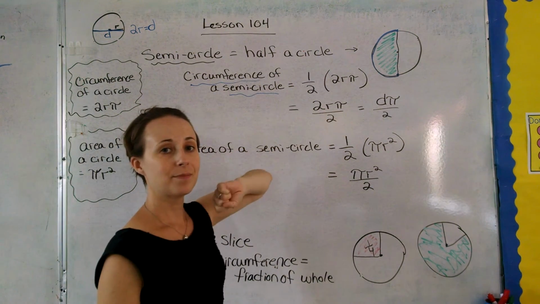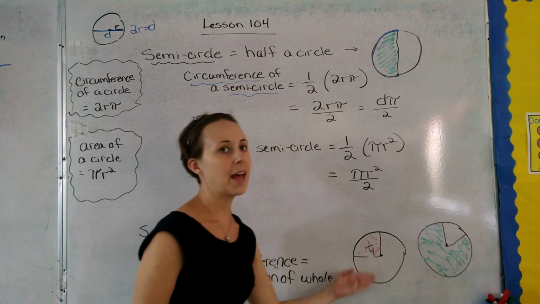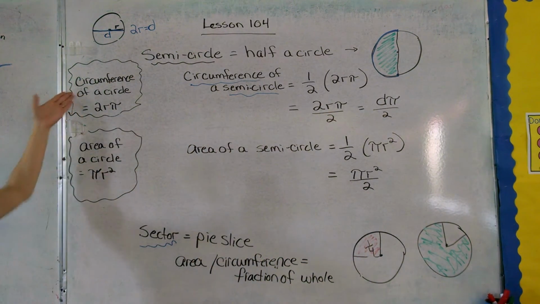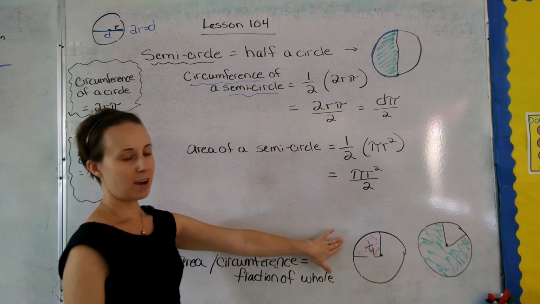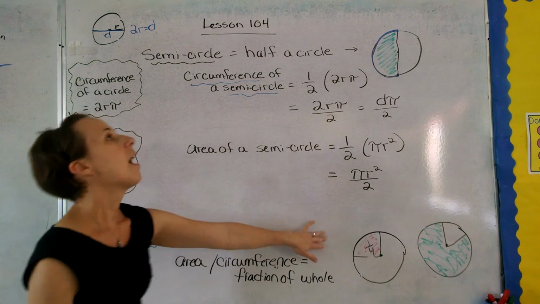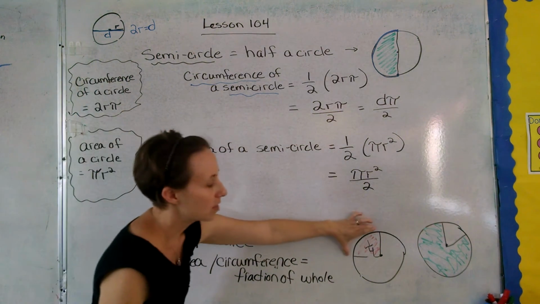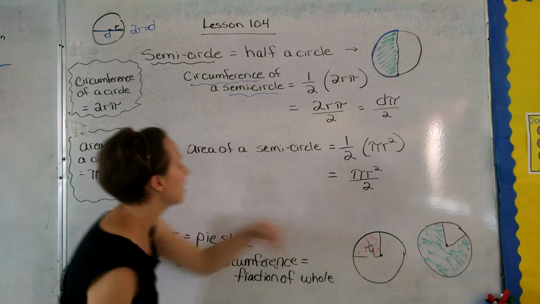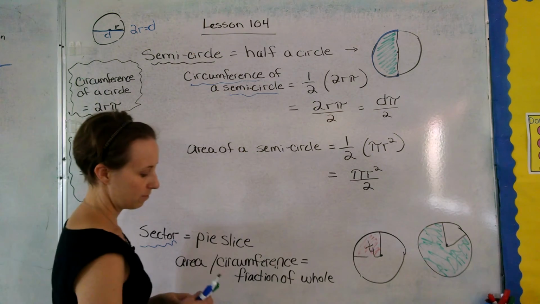We cut it in half. If I have a sector that is a quarter of a circle and I wanted to find the circumference or the area, I would use my fractional piece, a quarter, and find what is a quarter of the circumference. That would be the circumference here. What is 1/4 of the area? That will be the area here.